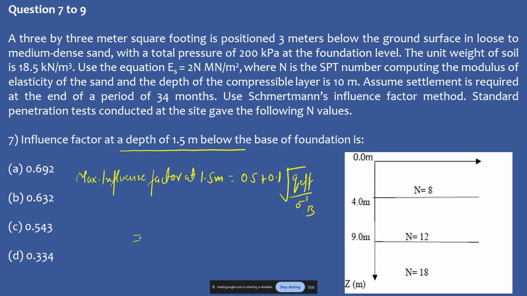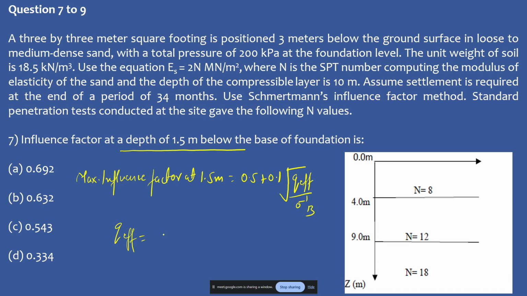First you need to evaluate the Q effective. Q effective at the base of the foundation is basically given by, so what is your surcharge value? It's the effective foundation pressure.